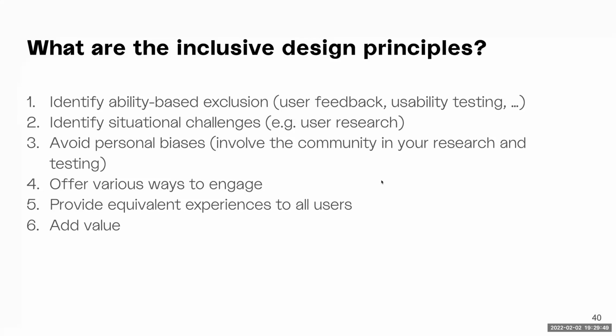Our fifth one is to provide equivalent experiences for everyone, and this is a tough one. In terms of accessibility, you want to meet accessibility standards in general, which are the international standards we apply when we check that systems are accessible to everyone.